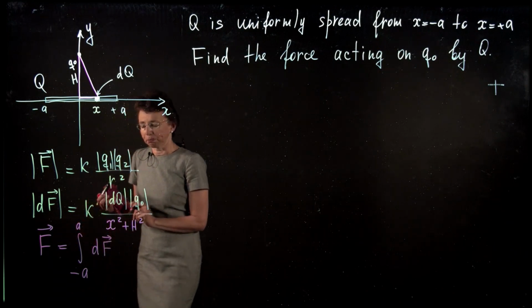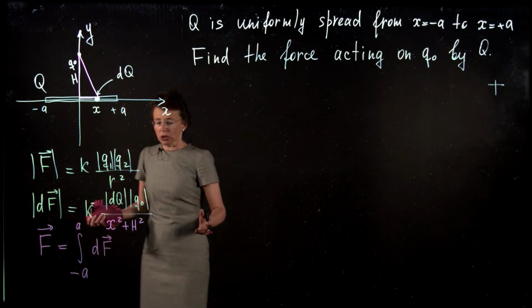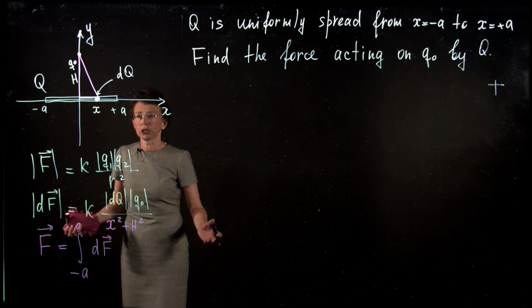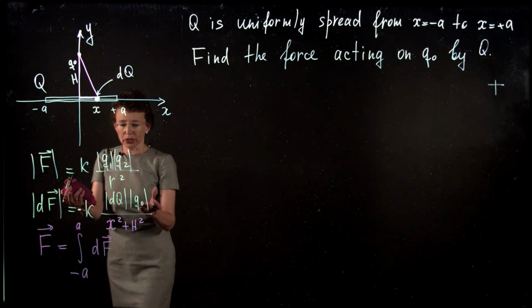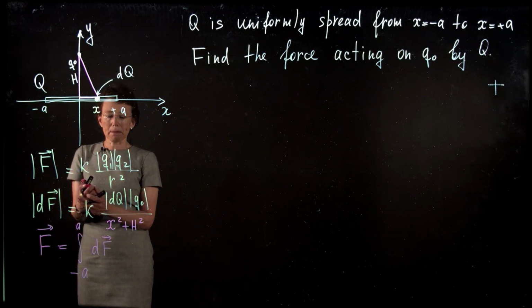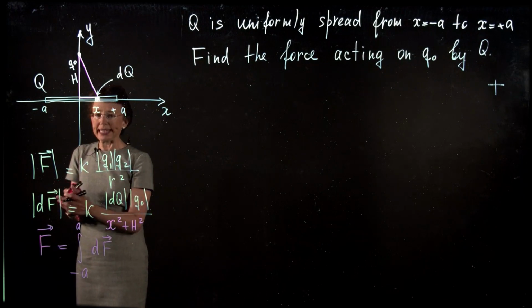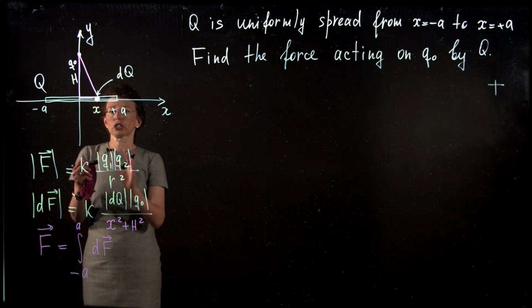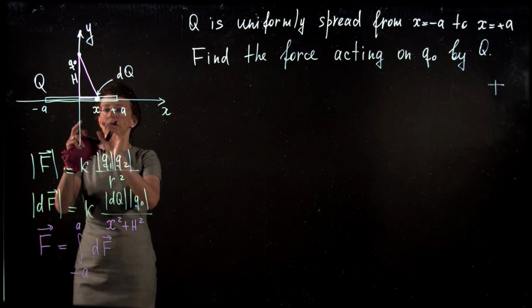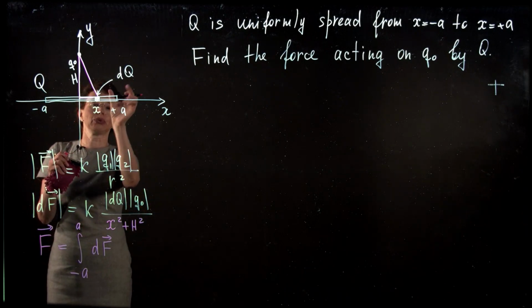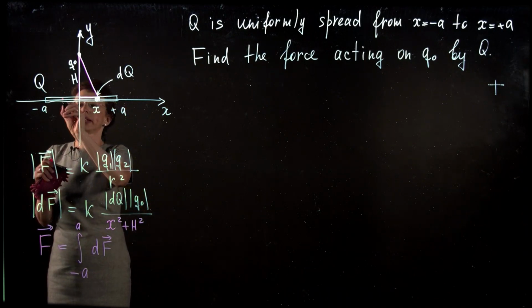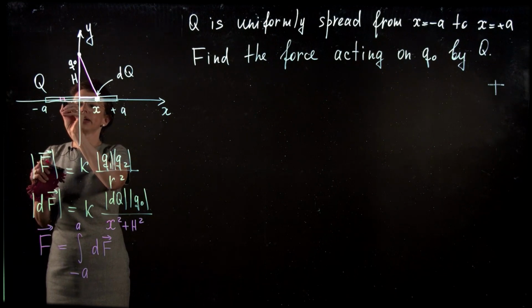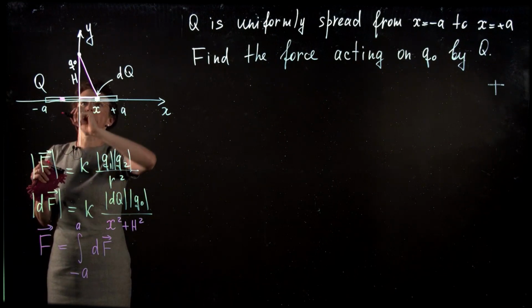as a vector. As always, we need to write this force in terms of components. But before we start doing that, let's look at this picture again. I have dq located right here, and I have another dq located at minus x.